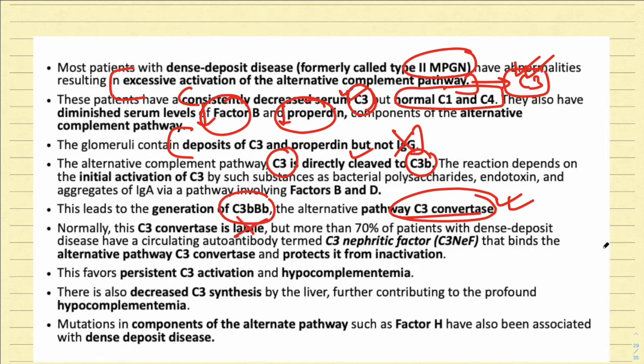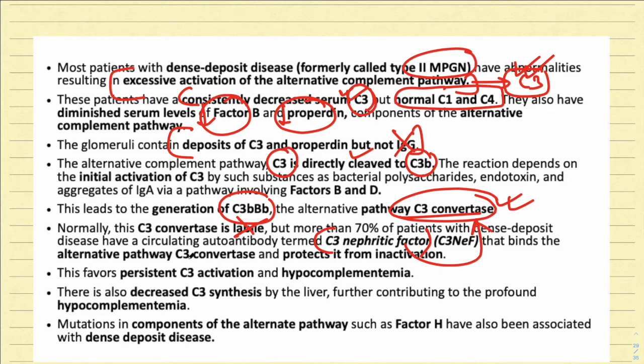Okay. But what happens in cases of MPGN type 2 is that there is a particular factor called C3 nephritic factor present in the MPGN type 2 patients, or dense deposit disease patients, which is providing protection to this C3 convertase, and it is not allowing this C3 convertase to become inactive. So this C3 convertase becomes active and it is constantly activating the alternate pathway of complement activation.